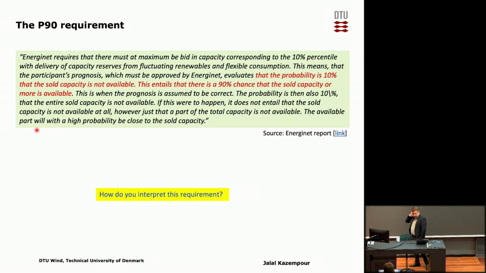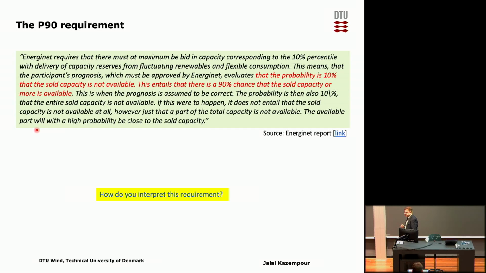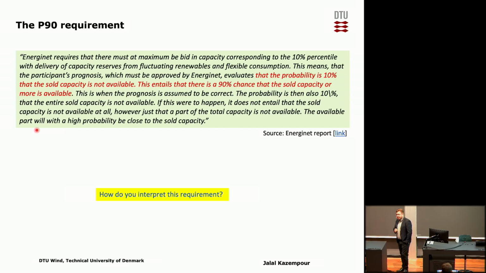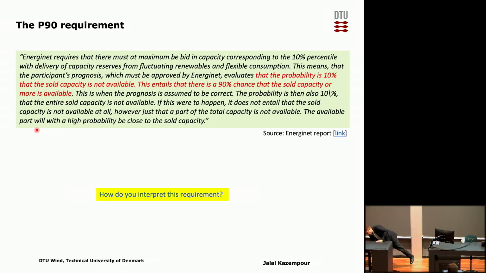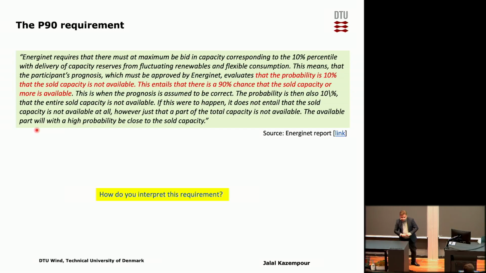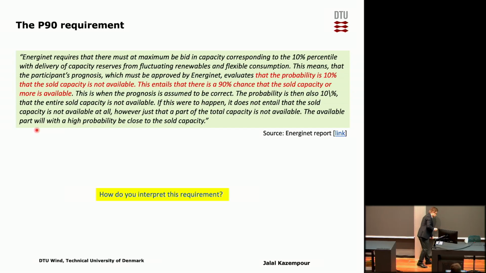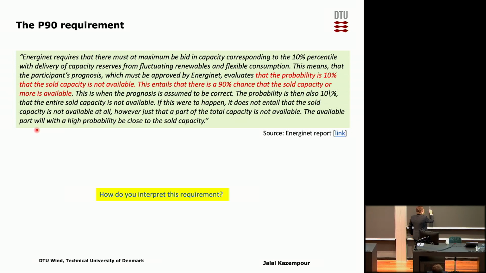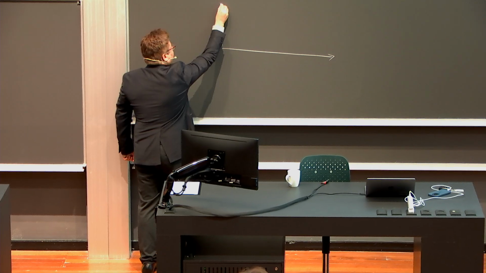Okay, how do you interpret this requirement? So how I see it is as following, but tell me. Let's say that you have a consumption.